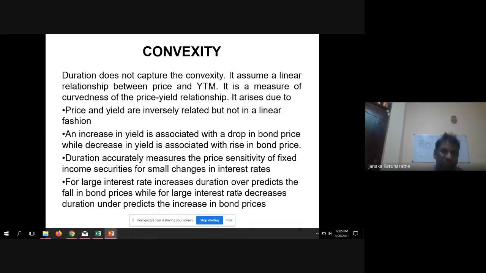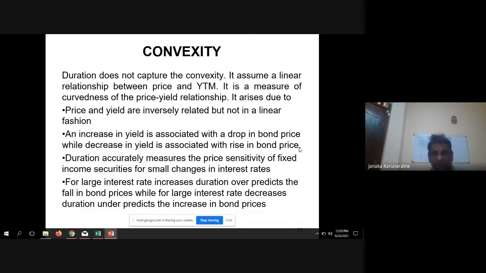It is because price and yield are inversely related, but not in a linear fashion. Remember, I showed you it's not linear. So an increase in yield is associated with a drop in bond price, while a decrease in yield is associated with a rise in bond price.